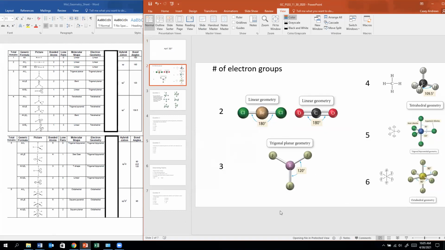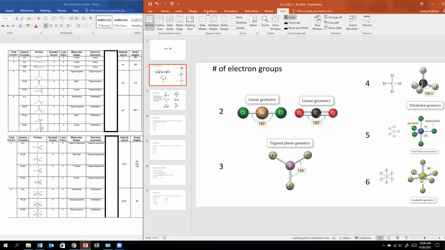The first concept we have to understand is this idea of electron groups. What we mean by electron groups is how many things are bonded to the center atom, and this includes atoms or lone pairs, right?